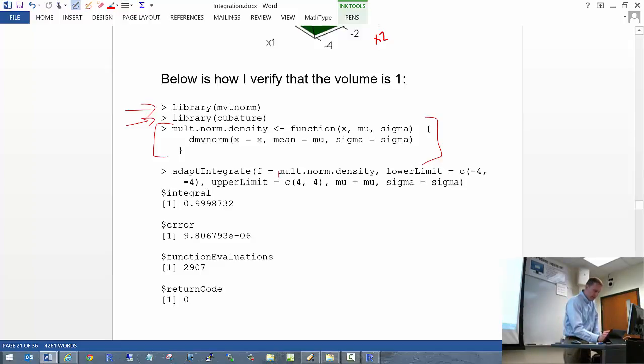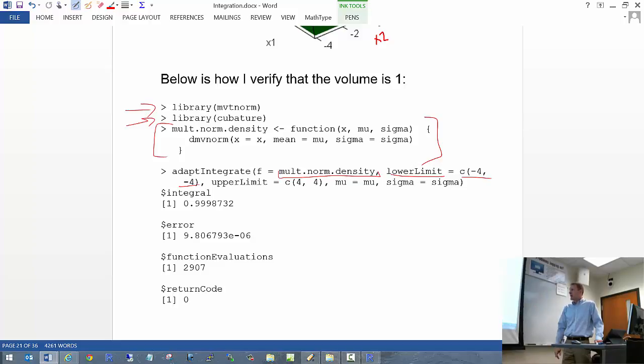I put f as my R function. It has the bivariate normal density in it. For my lower limit argument, you can't use infinity with this function, unfortunately. So just because of what we know about multivariate normal, I decided to go from -4 to 4 for both, let's say, x1 and x2.